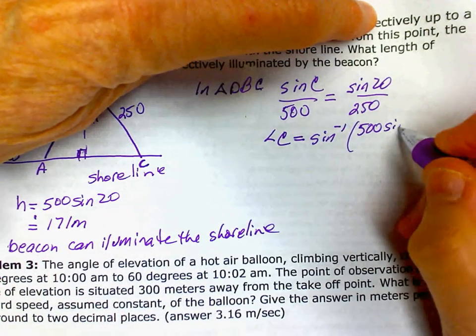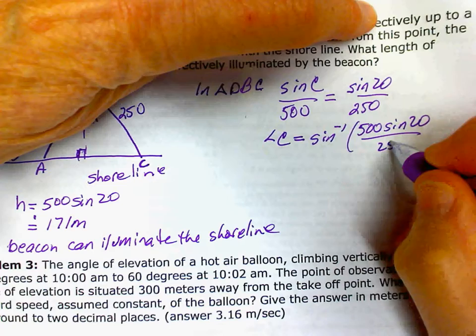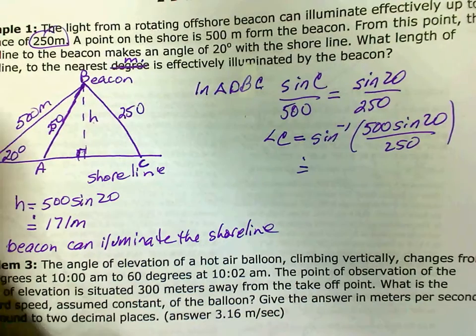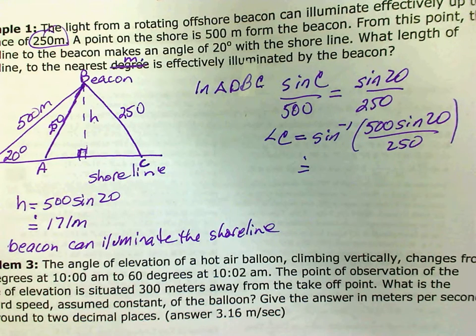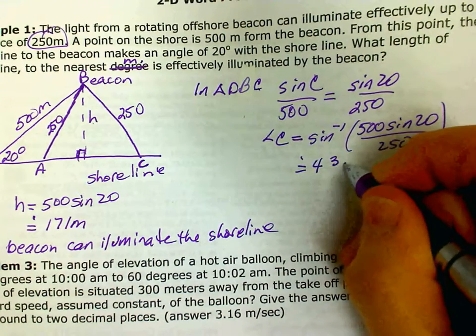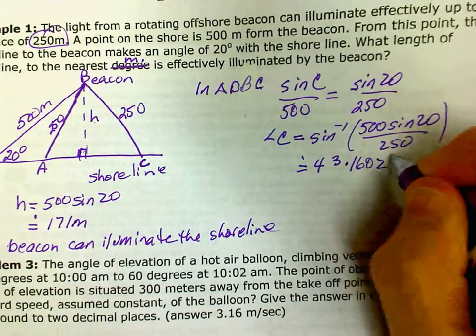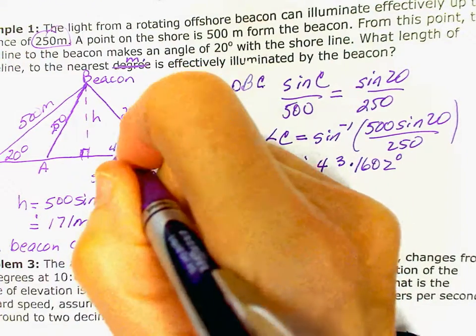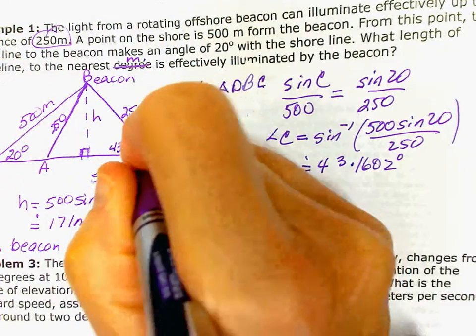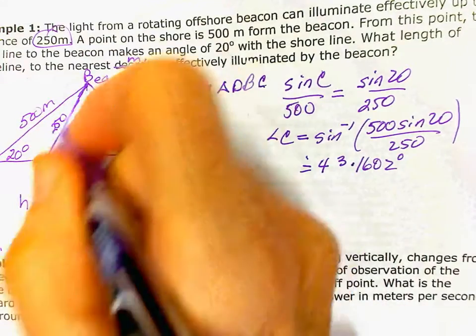Angle C is inverse sine of sine 20 over 250, and that is approximately equal to 43.1602 degrees. We know we have an isosceles triangle.